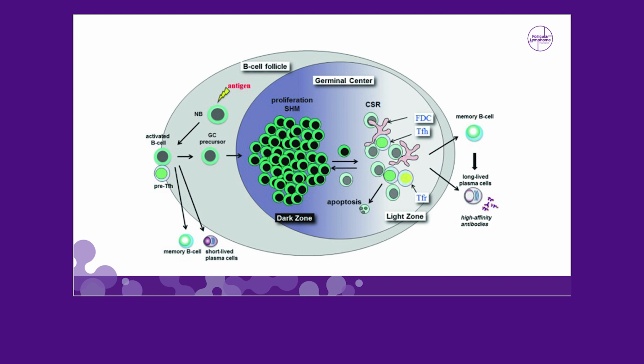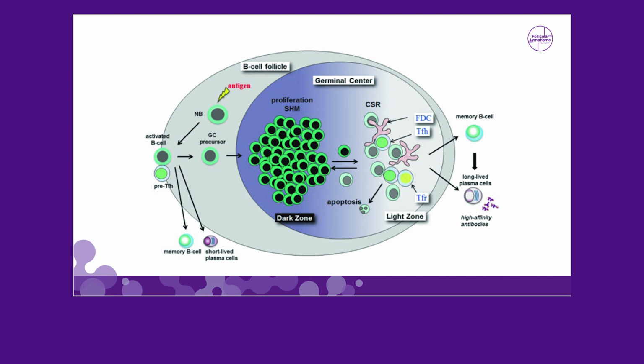And if one of these B cells recognizes an antigen, then it starts to proliferate, but not only proliferate, there is activation of an enzyme known as AID, activation-induced deaminase. We'll discuss it more later. And there is very rapid proliferation. Actually, the doubling time in this part of the lymph node is about 6 hours, which is faster than any dividing cells in our body.